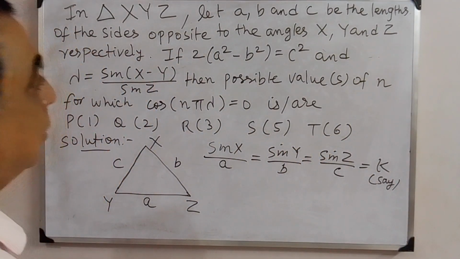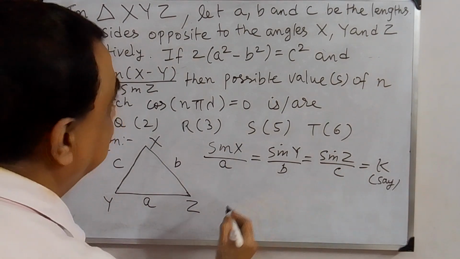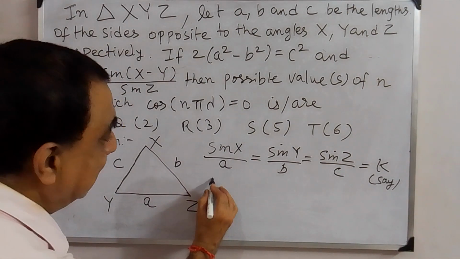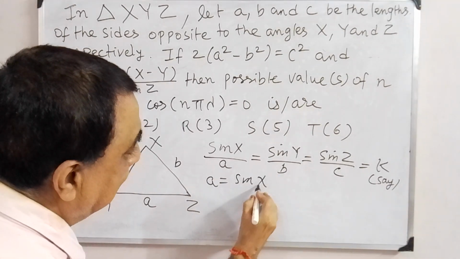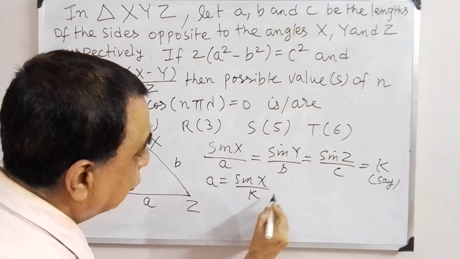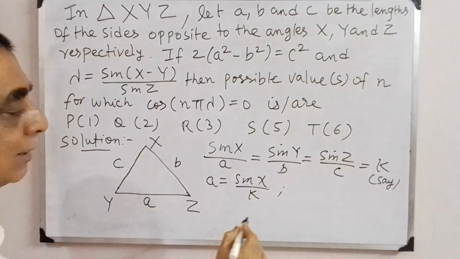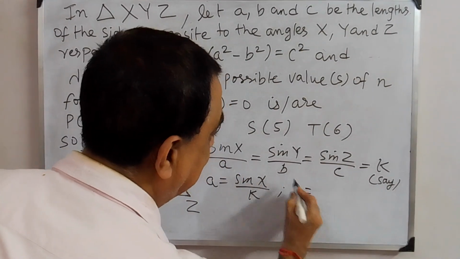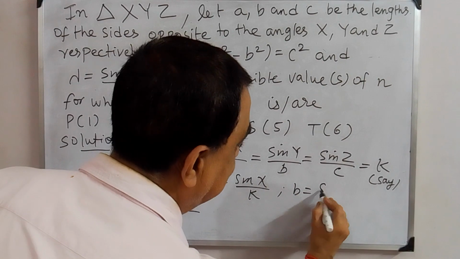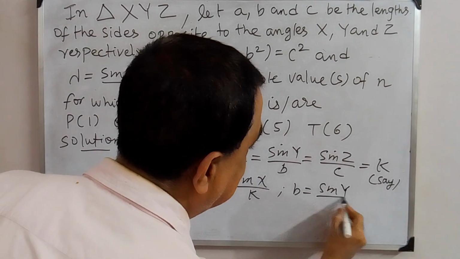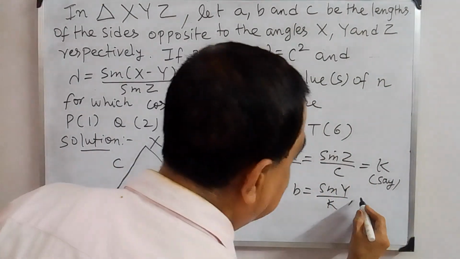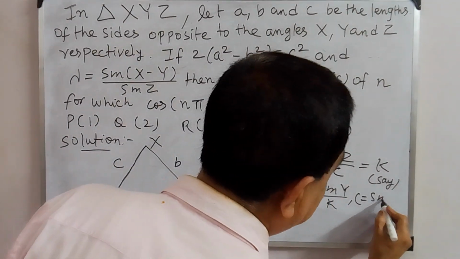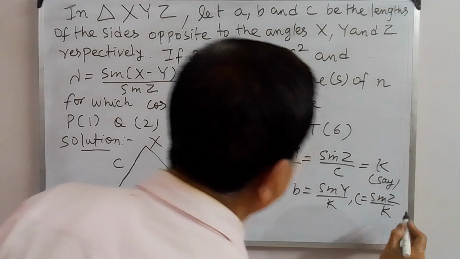So what we are getting from here is a equals sine X by k. So the value of a will be sine X by k, and the value of b will be sine Y by k, and the value of c will be sine Z by k.